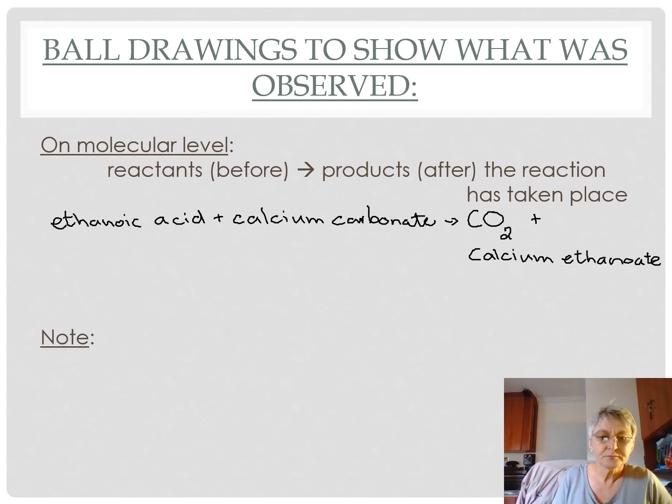So, ethanoic acid has 2 carbon atoms in it, and I'm going to represent this as the carbon atom, and there's another carbon atom joined to that carbon atom, and the second carbon is joined to an oxygen atom. Sorry, this oxygen atom must touch the carbon atom because there's a chemical bond between the oxygen and the carbon.